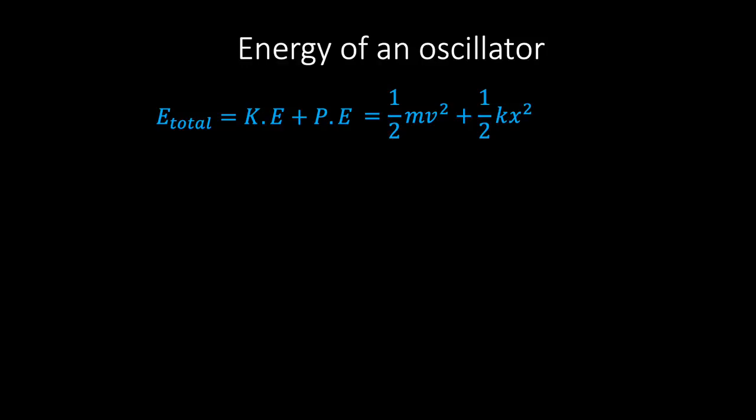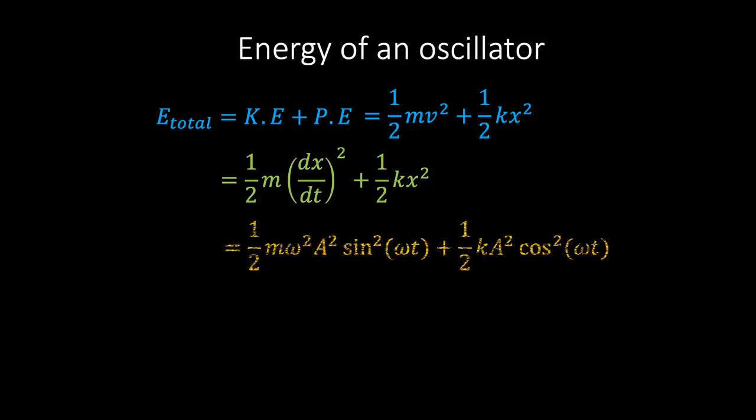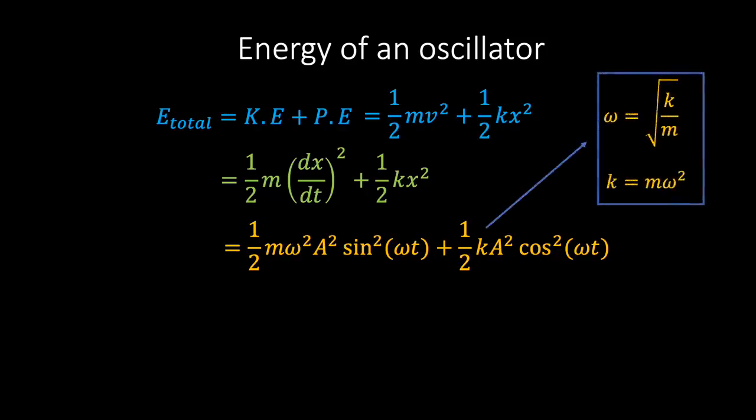By rewriting the velocity in terms of x, we see that the energy is equal to half m (dx by dt) all squared plus half k x squared. If we then substitute the displacement function, we arrive at this rather beautiful yellow expression. Next, we can use the constraint equation linking omega, k and m to rewrite k as m omega squared.